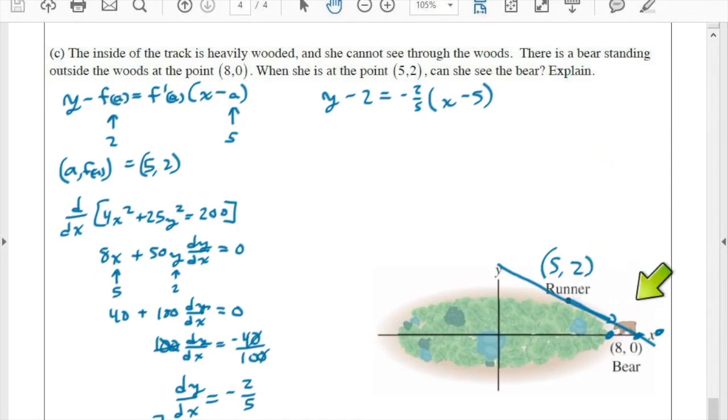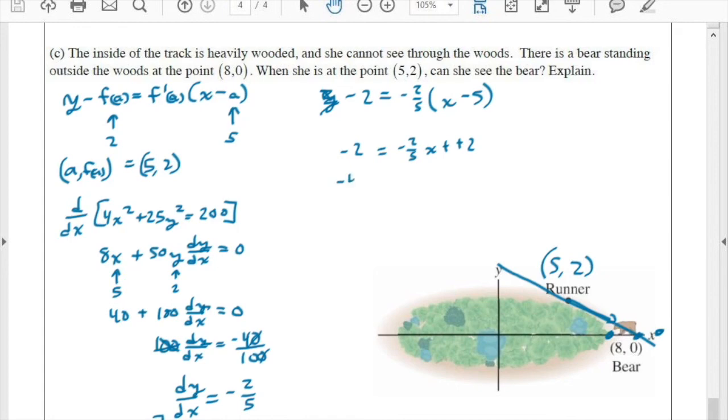Now, if we want to find the x-intercept, we just have to plug 0 into the y. So now this y is gone, and I just have negative 2 equaling that. Let's get the x alone, so let's distribute that fraction over. We get negative 2 over 5 x minus 2, because 2 over 5 times 5, the denominator cancels out. And so I'm left with negative 2 over 5 x plus 2, and then I subtract 2 from both sides.